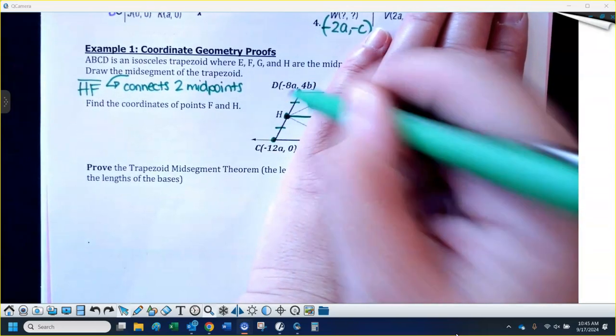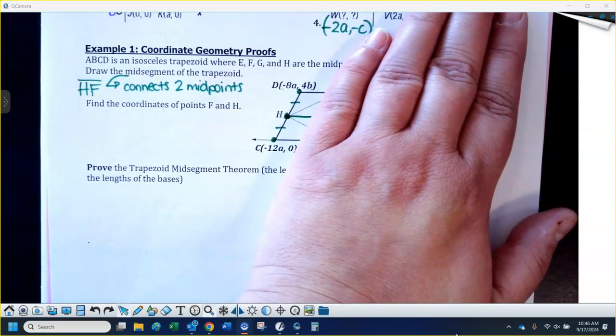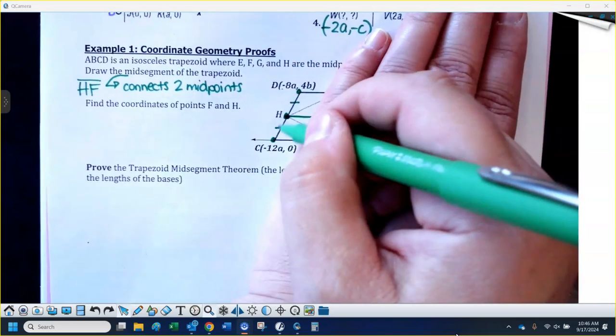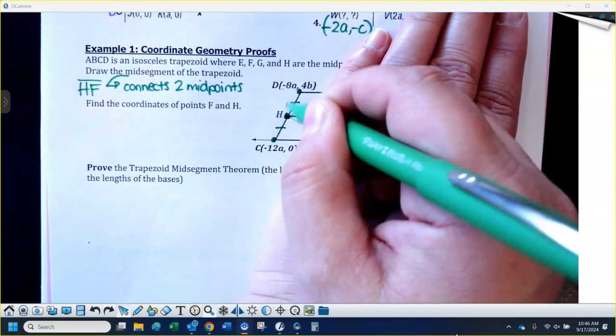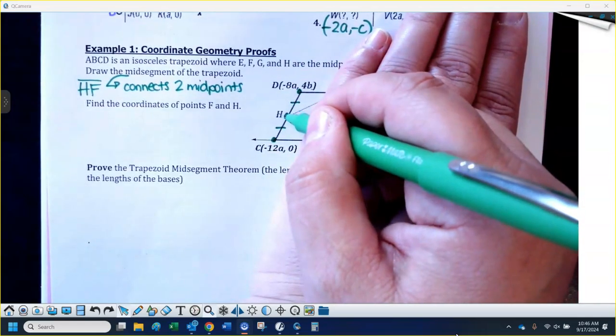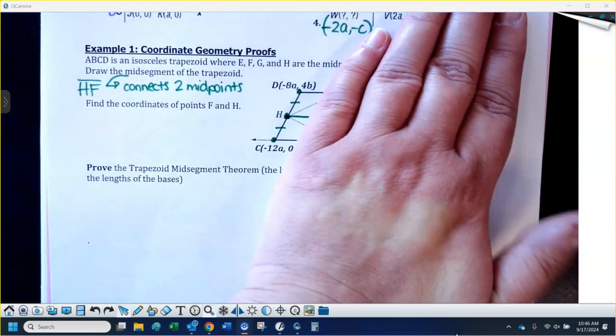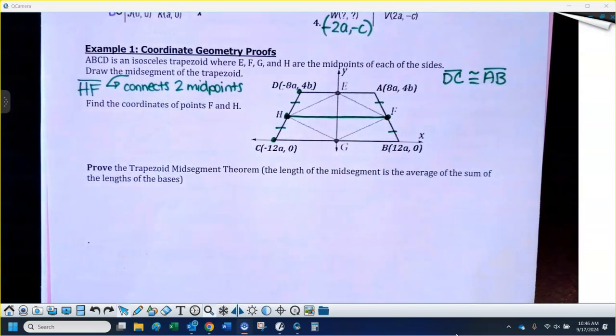The X coordinate of D is negative 8A. Whenever you find a midpoint, it's the average of the two X coordinates. If this is negative 12A and this is negative 8A, anybody have any idea what the X coordinate of H would be? If we've got negative 8, negative 12, what would be right in the middle?